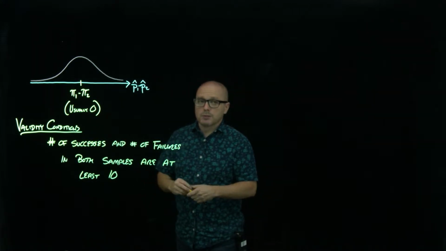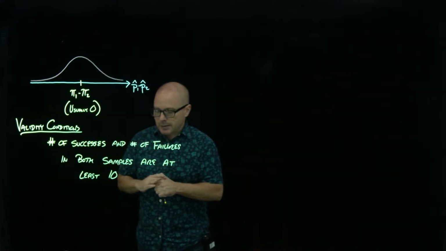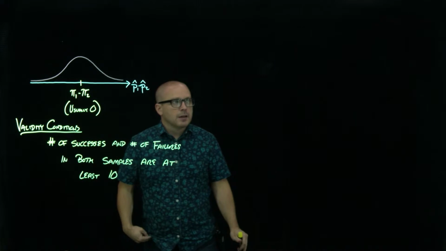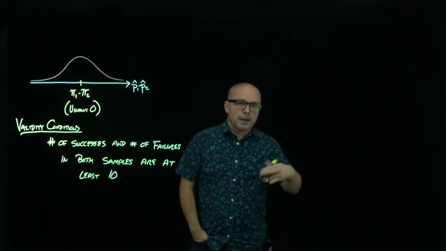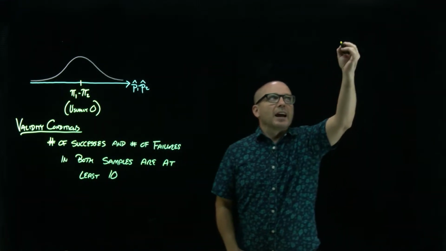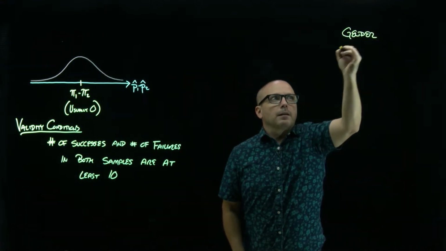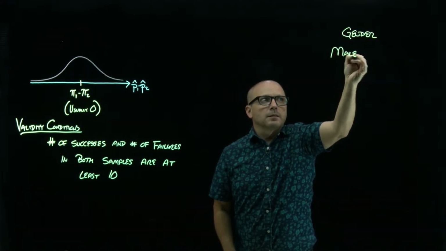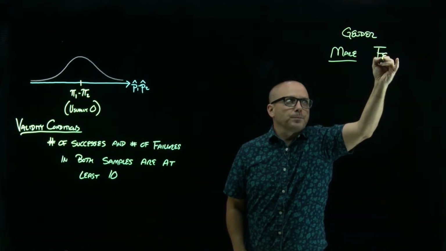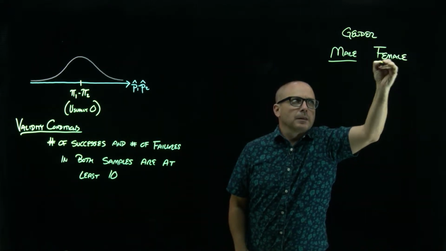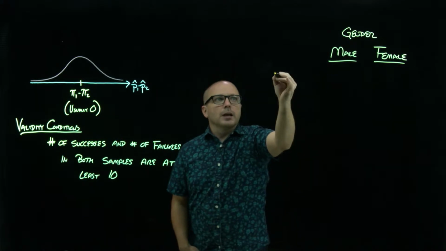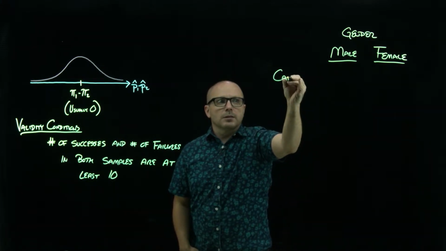For example, if you recall from last time, we were doing the example with the cancer diagnoses in male and female. And so we had gender, male, female, and then we had cancer, no cancer.